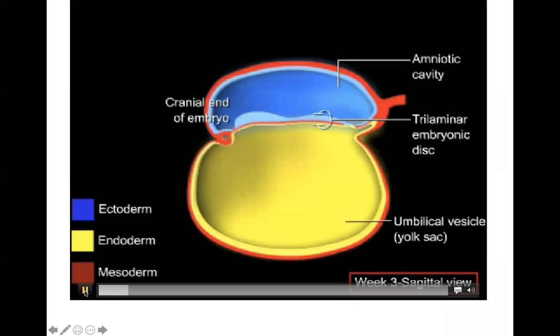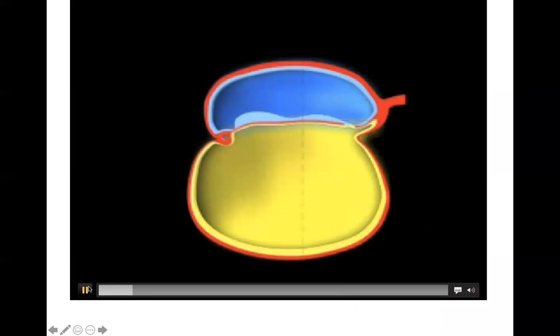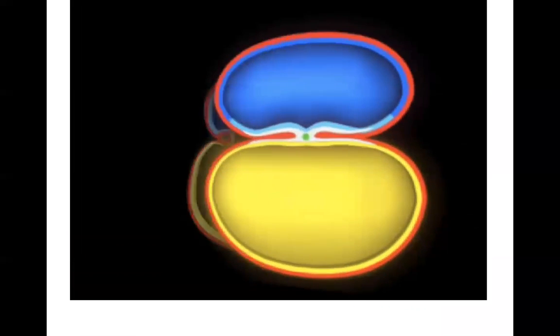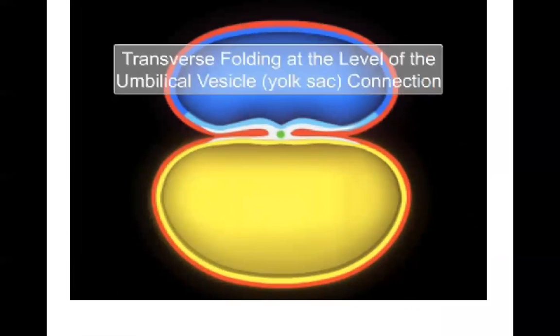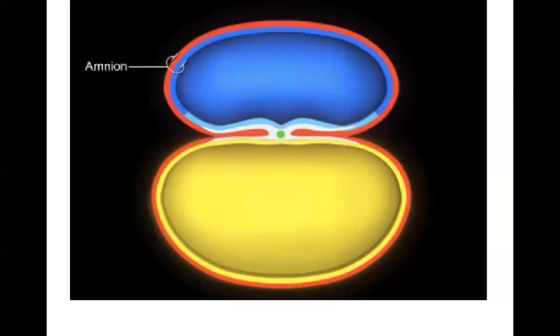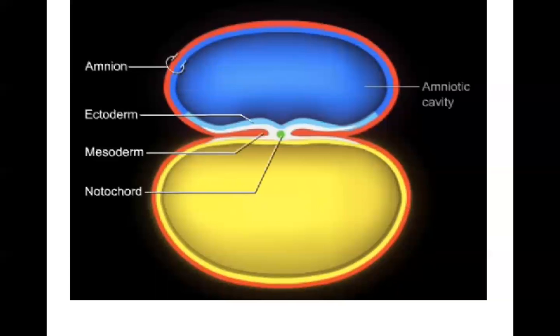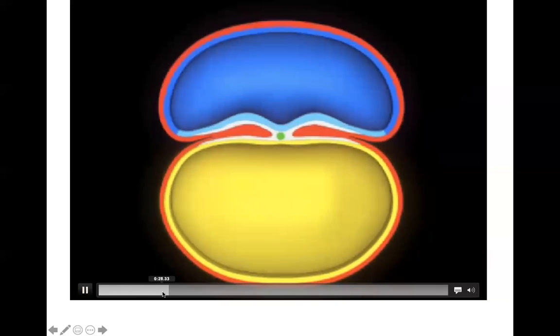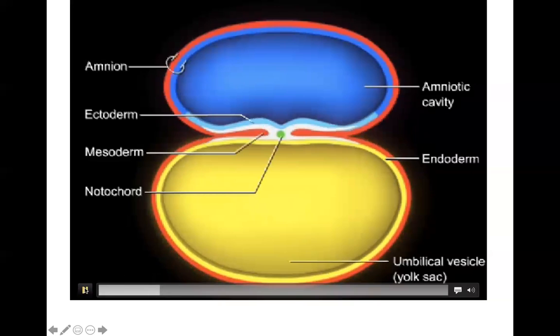So you have color-coded ectoderm, endoderm, mesoderm, and you've got the transverse view here. And this is at the level of the umbilical cord, right? So here we've got, let's back that up just a little bit to get you oriented. So you've got the amniotic sac up here. This is the neuroectoderm.